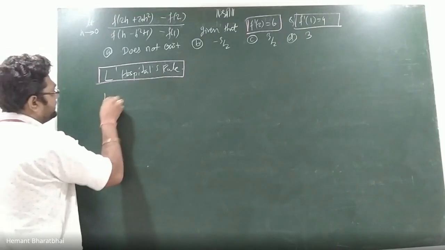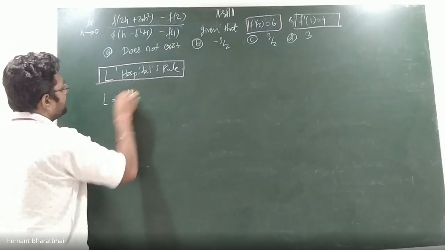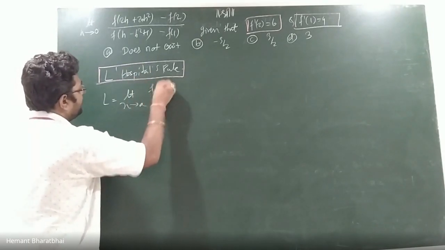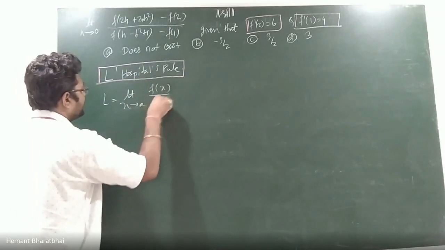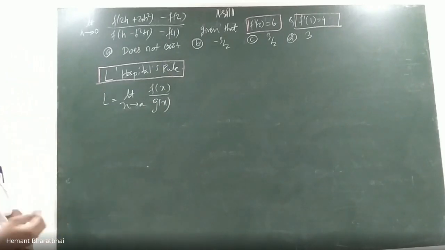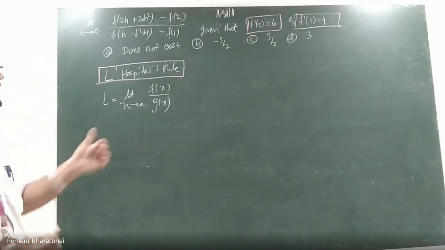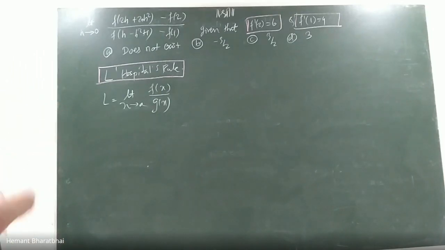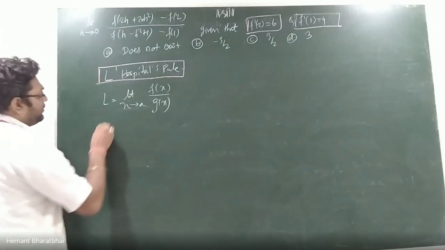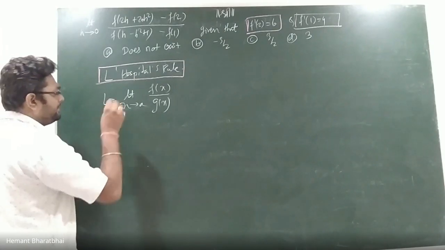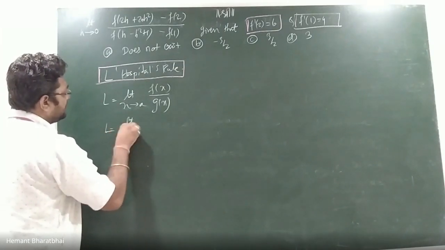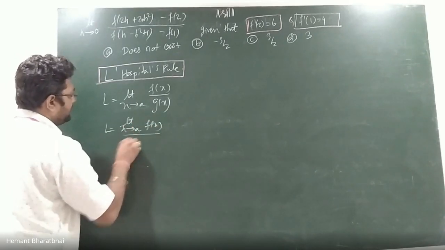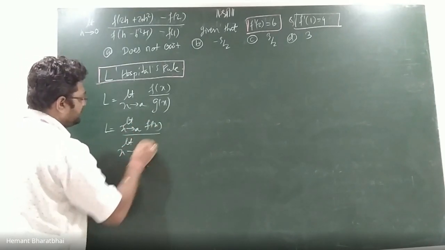Suppose I have limit of x tends to a, here I have f of x and here I have g of x. First I can give limits separately to numerator and denominator. First I write it as limit of x tends to a f of x upon limit of x tends to a g of x.